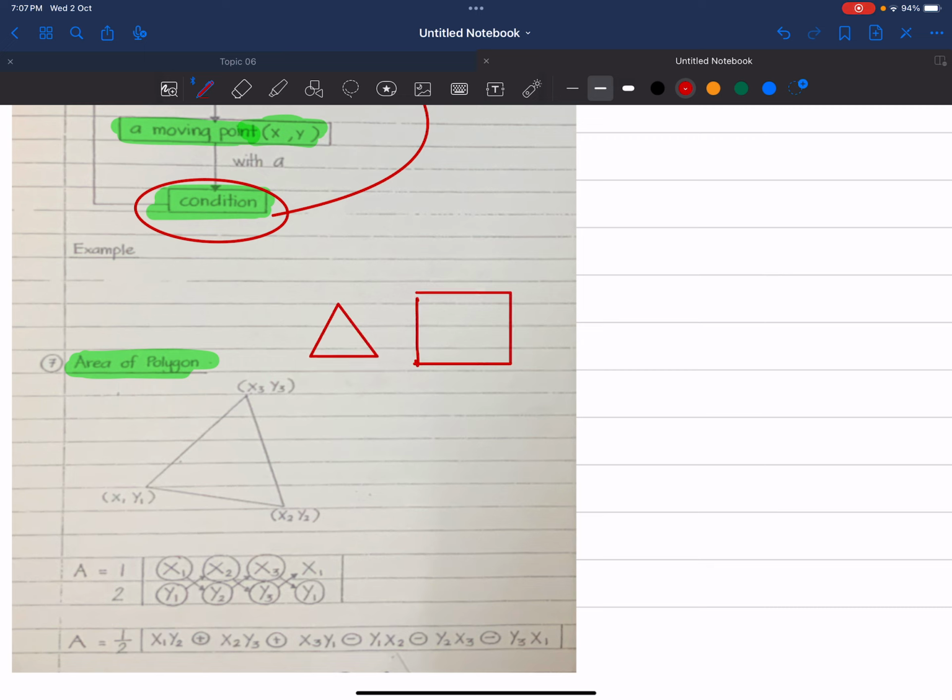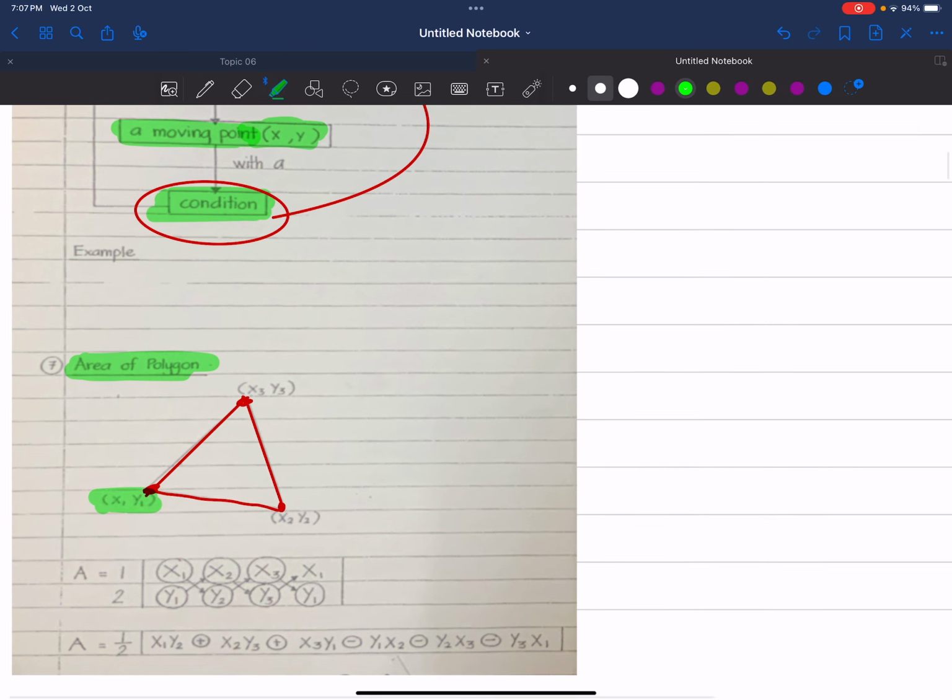It can be any polygon, but I'm going to use a triangle to describe the formula. We have 3 vertices, each with coordinates x1, y1, x2, y2, x3, y3.